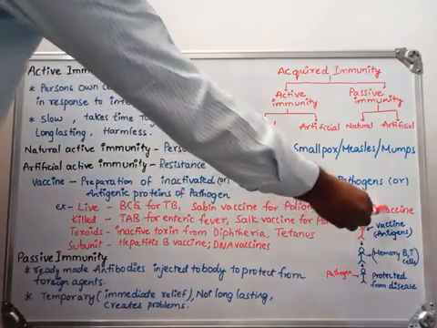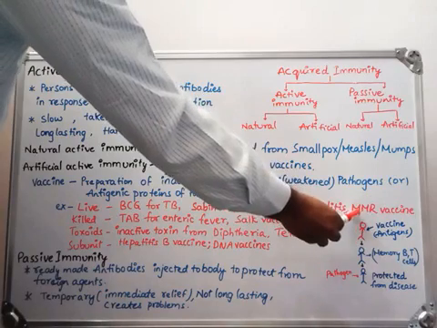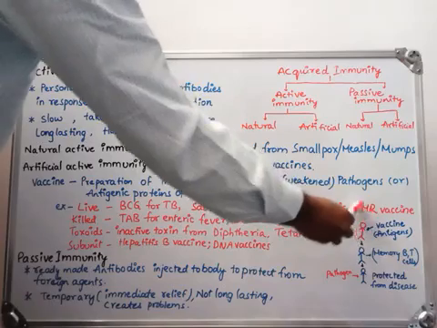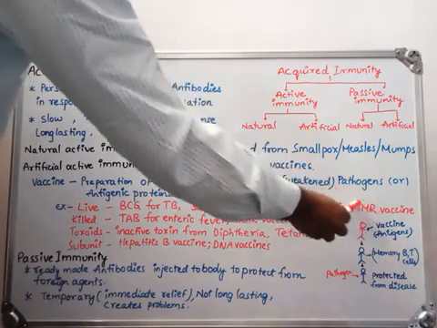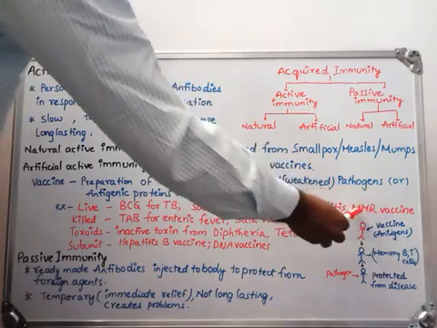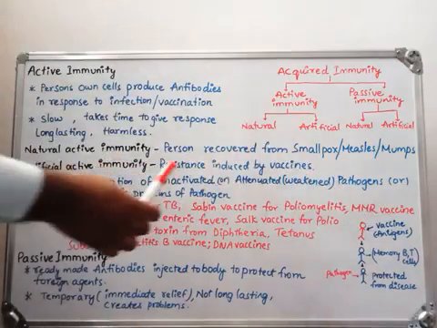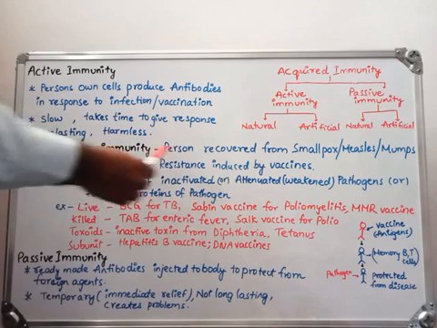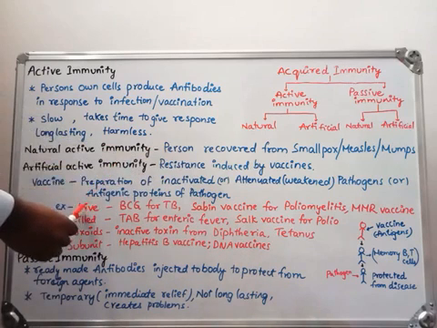MMR vaccine, full form is measles, mumps, rubella. So within a single vaccine it covers 3 diseases at a time. That is the MMR vaccine. If you observe all these vaccines, they are nothing but live attenuated forms of pathogens which provide immunity.